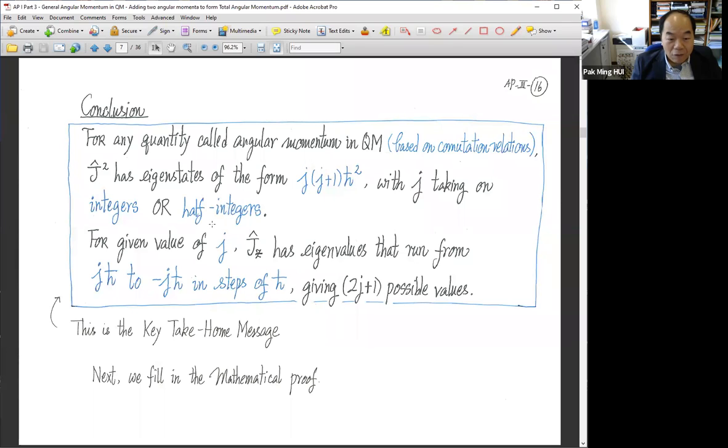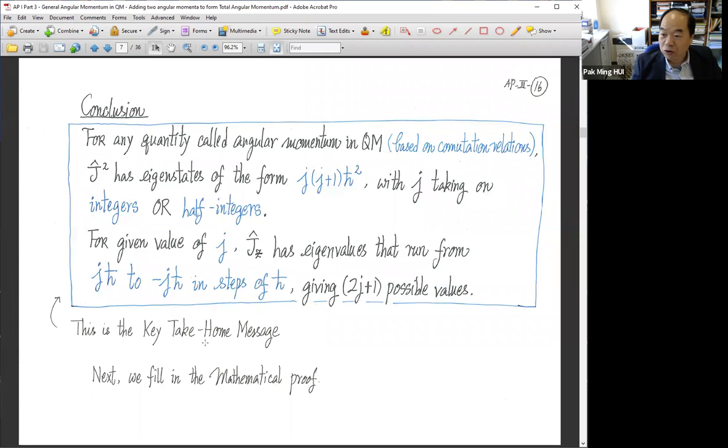Then for a given J quantum number, the Z component will start with J h bar and go downward in steps of h bar, reaching the minimum of minus J h bar. Together, there will be 2J plus 1 Z components, okay?